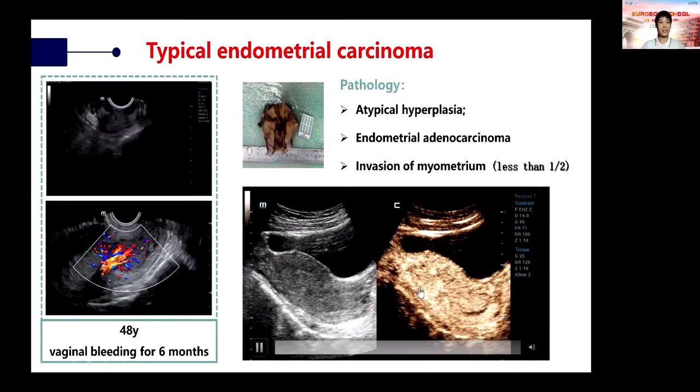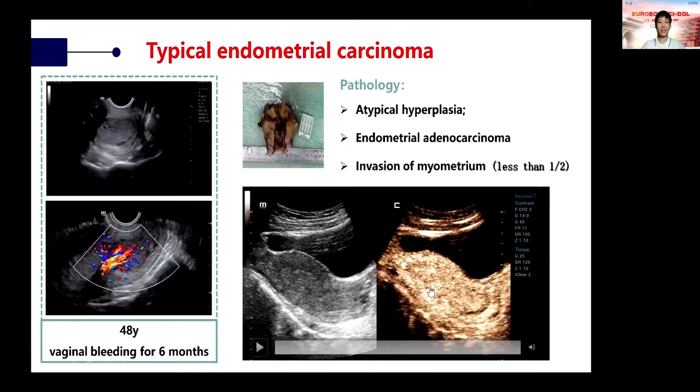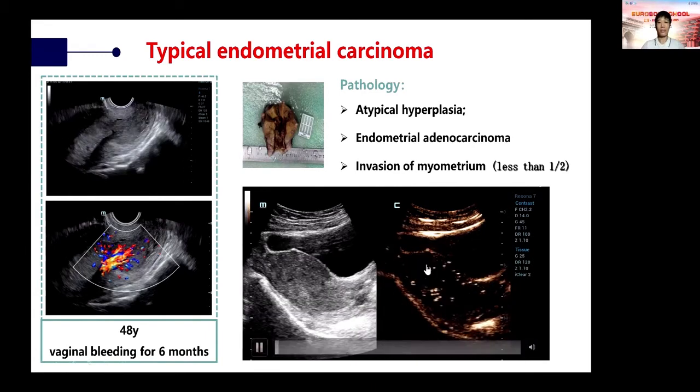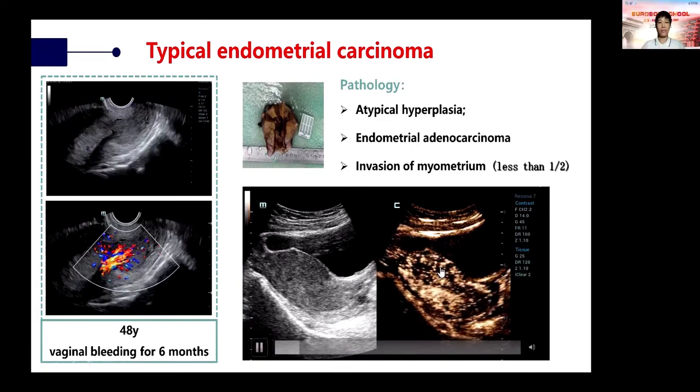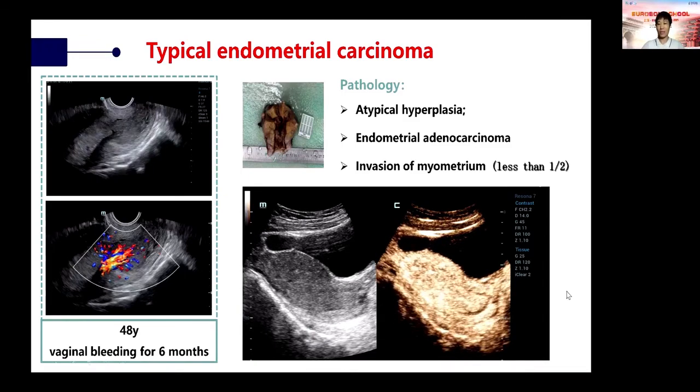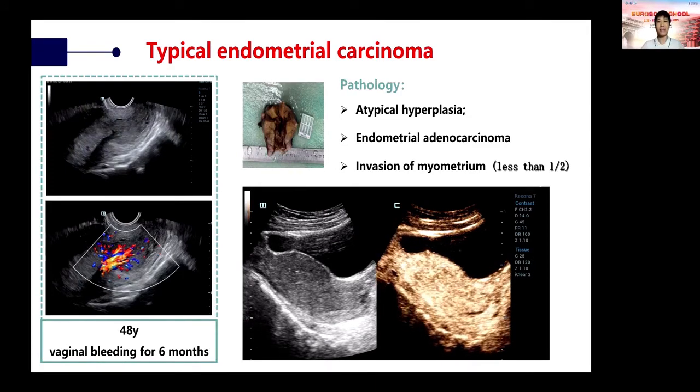And let's see the CEUS, the arrival time. The arrival time was almost synchronized with the myometrium. The signal intensity was also the iso enhancement. So please keep in mind the typical characteristics of enhancement.